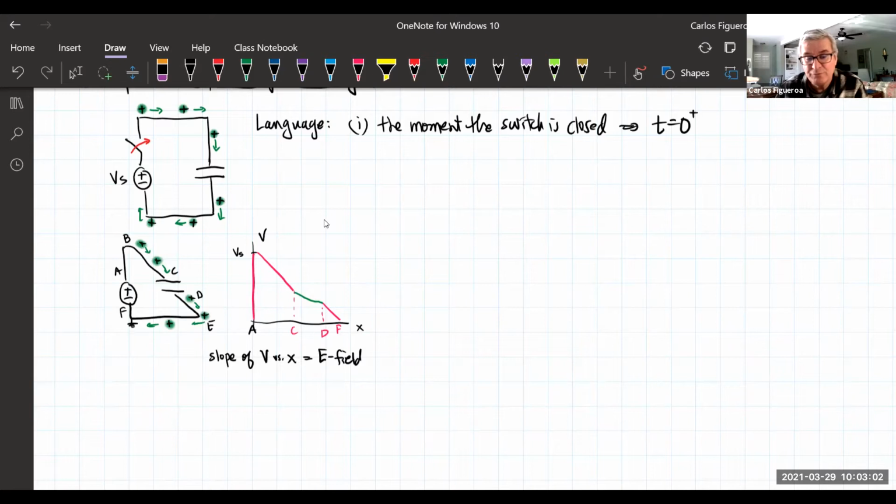So when I say a uniform field, I got to be careful. It's not a uniform field. There is a change in slope as you go across a capacitor, because a polarized field gets reduced because you have the field of the parallel plates, and then you have polarization in the opposite direction that reduces that.